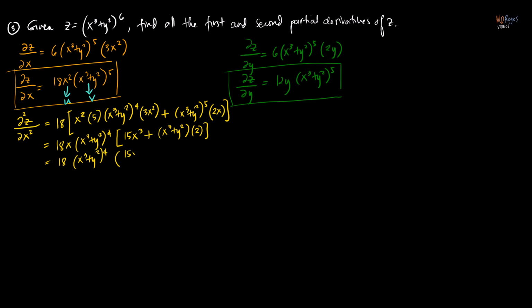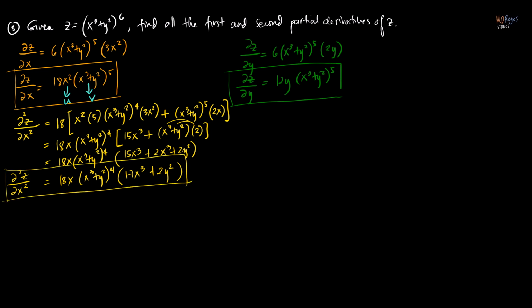So 15x cubed, distribute 2 inside, you'll get plus 2x cubed plus 2y squared. And then just combine like terms inside the parentheses in the last factor. We have 18x times x cubed plus y squared to the 4th power times the quantity 17x cubed plus 2y squared. Right, so this is the second partial derivative of z with respect to x, first partial with respect to x.